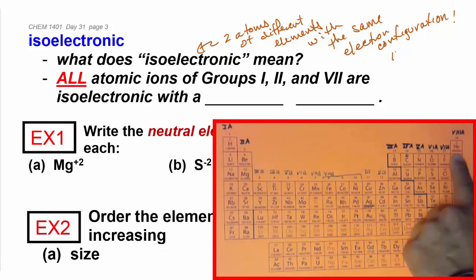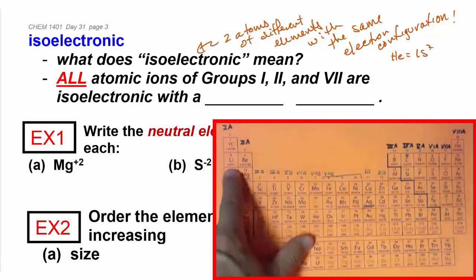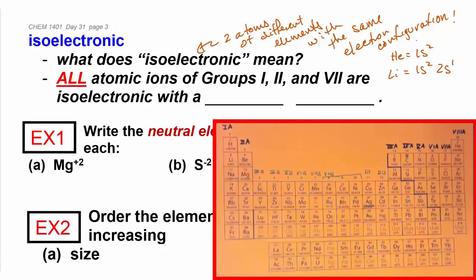Helium. Helium is 1s2. Lithium is 1s2, 2s1. Now, if I want helium and lithium to be isoelectronic, they need to have the same number of electrons first, right? Otherwise, you can't have the same electron configuration. So I have to remove an electron from lithium.